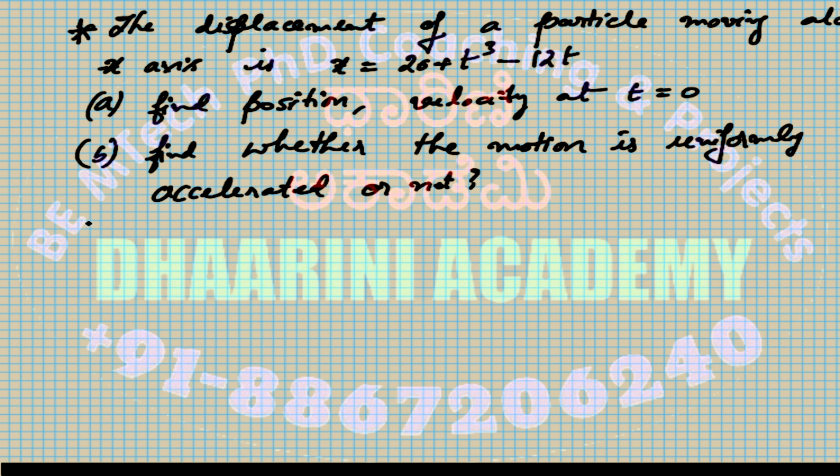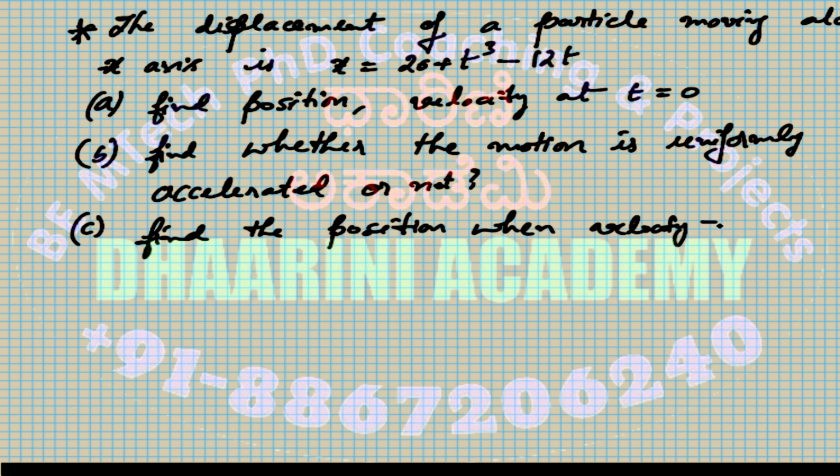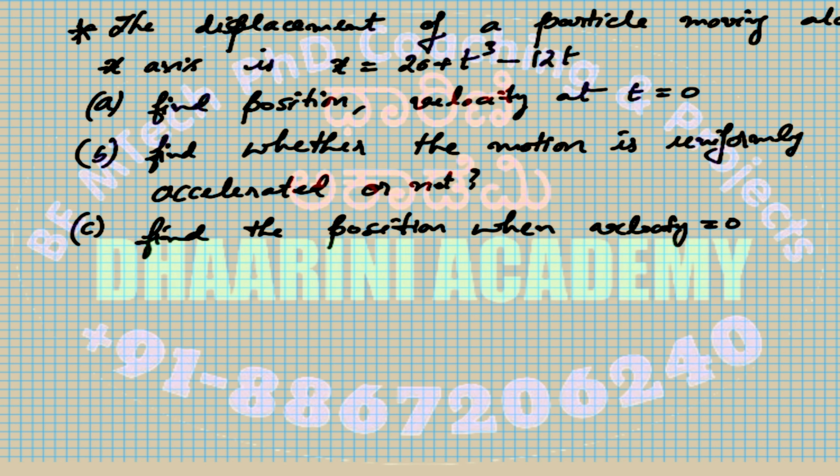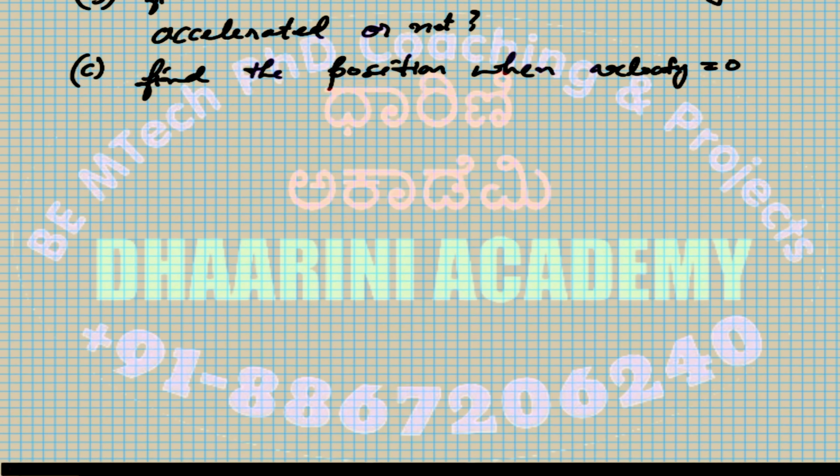All right, then part C of the question, find the position of the particle when the velocity is equal to 0. Okay, so the question has 3 parts. Let's start with the solution of part A of the question.